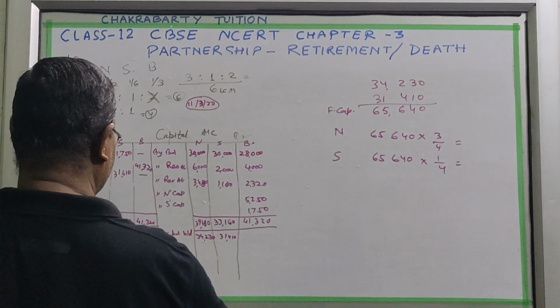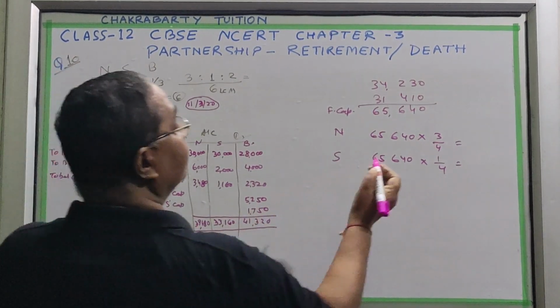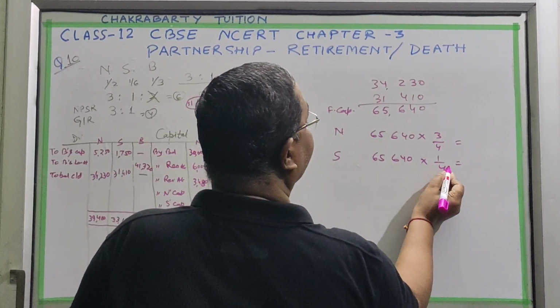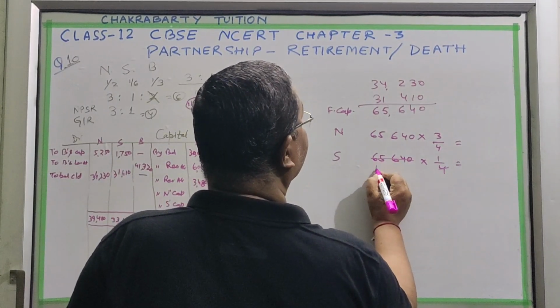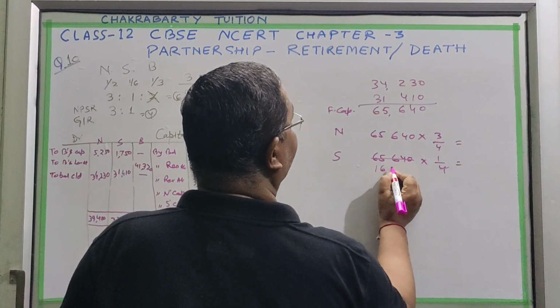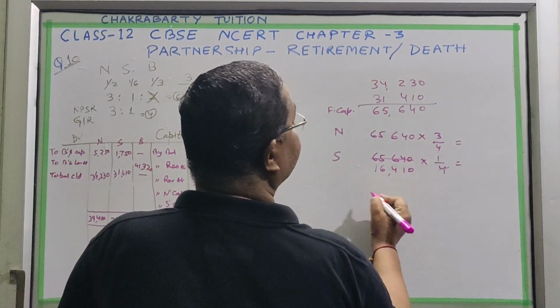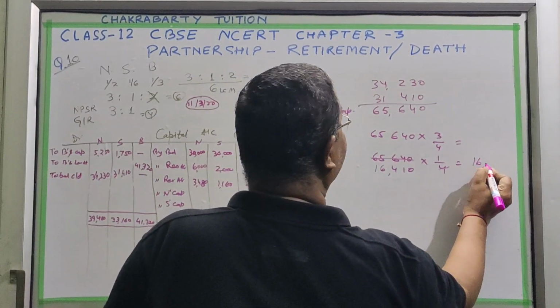we will adjust it through their current accounts. Okay, so this is his balance, 16,410.